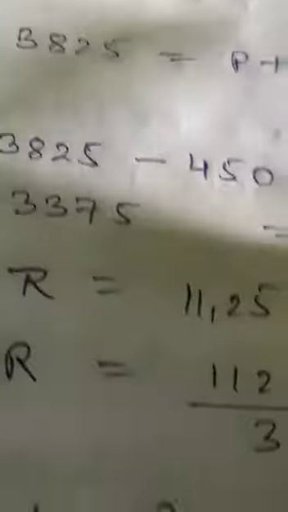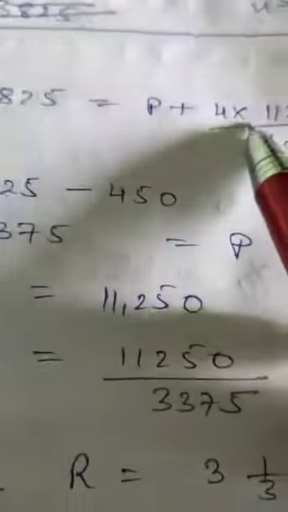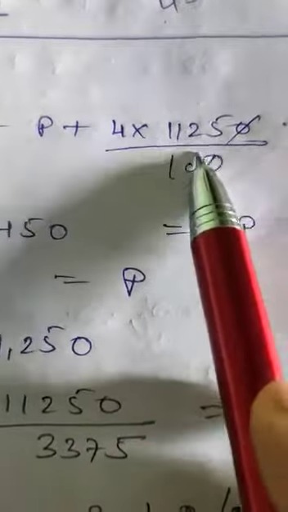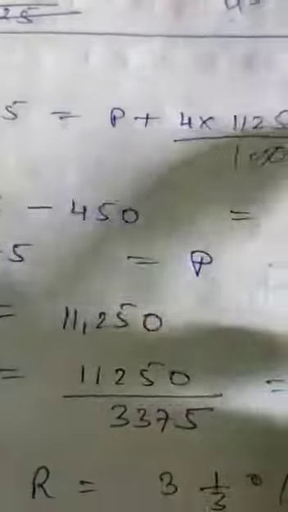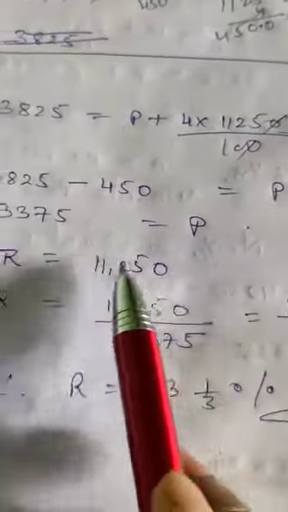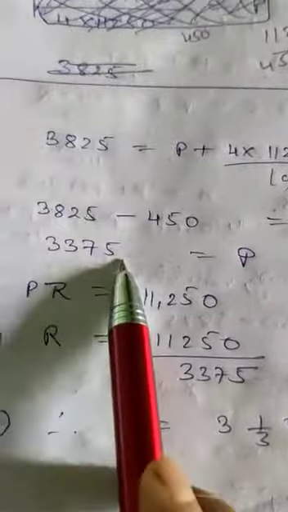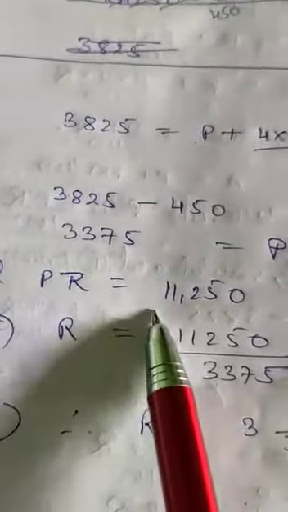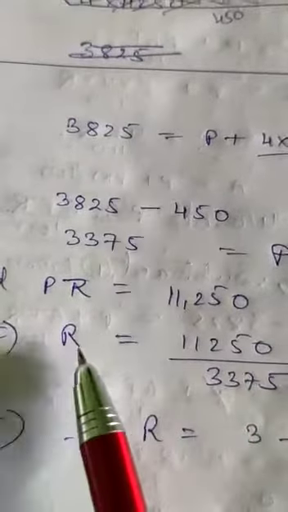In the equation 3825, after putting the value 11,250 for PR, cut up and down, divide it, solve, and you will get the P value, 3375. Now PR equals 11,250 and R you have to find out.